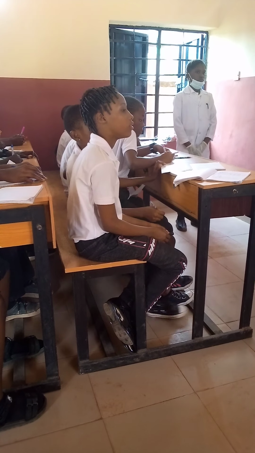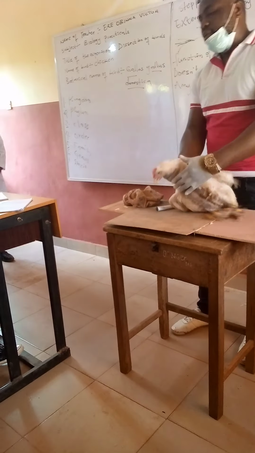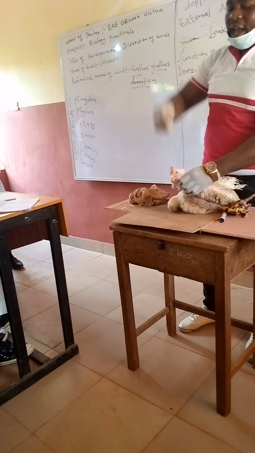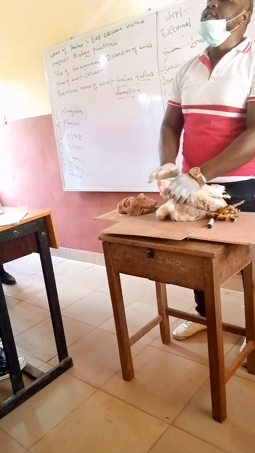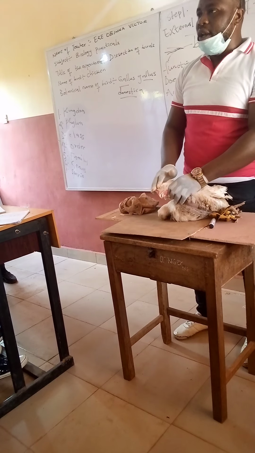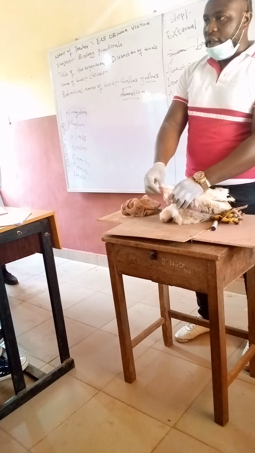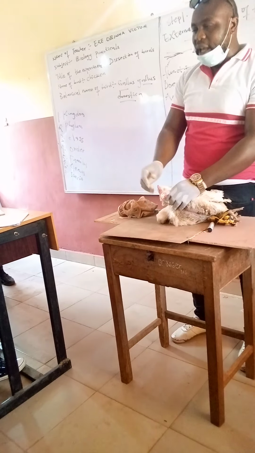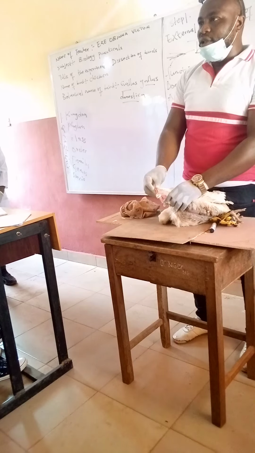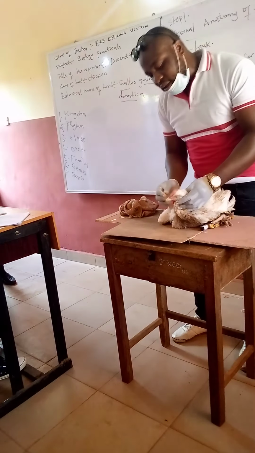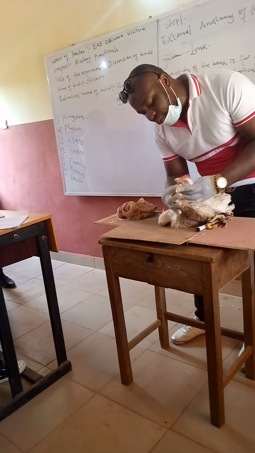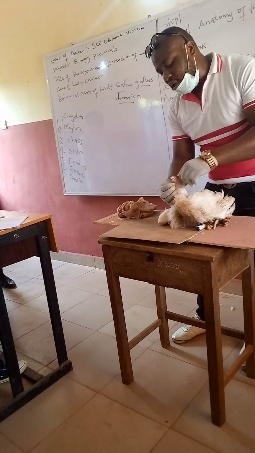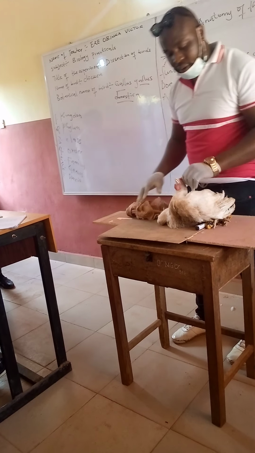Now, all of you look at this structure up here. If you see a comb, I believe it has this shape. So this is called a comb. If you look at the comb, it is like how you comb your hair, they are similar in shape.